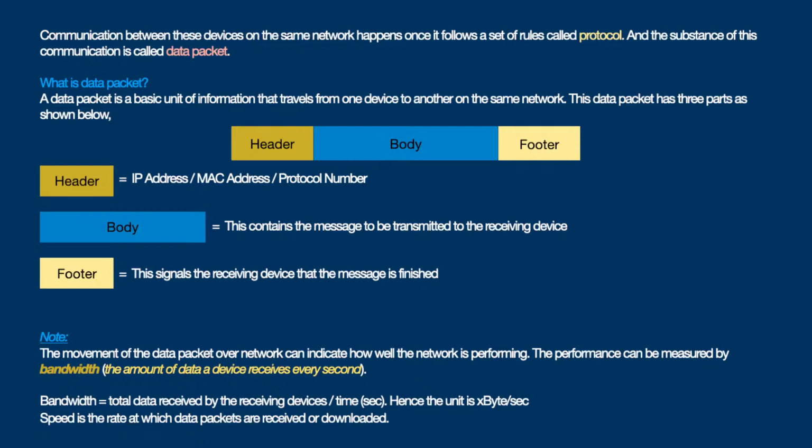When the sender on the same network is sending data from his or her system, there must be an address. That address is called IP, which means Internet Protocol address. Each system, as we are all connected now, has an IP address.